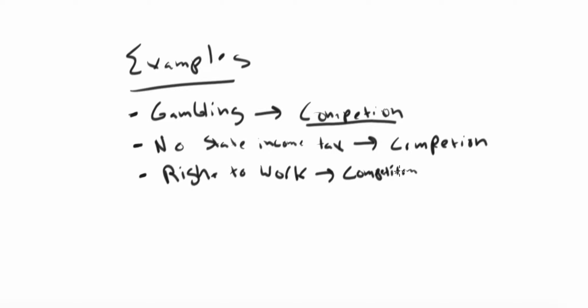The auto industry was once very strong in the Midwest, and a lot of auto manufacturers have gone down south for various reasons. But one of them may be you don't have to deal with higher wages and labor unions that come with non-right to work states. So right to work creates a competitive advantage.